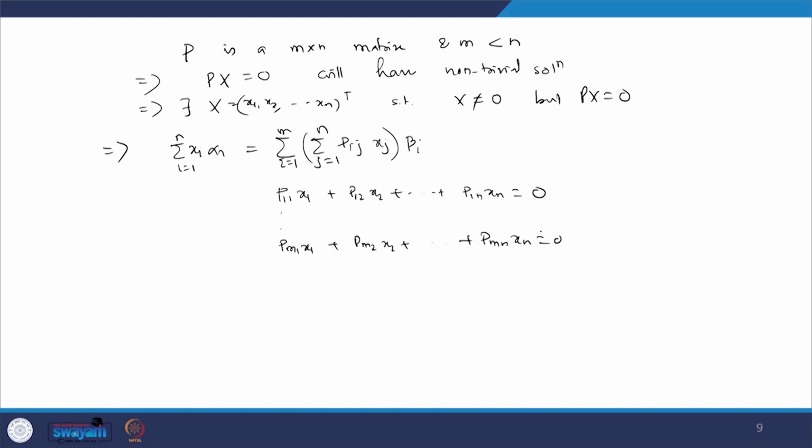So for this value of capital X, this is equal to 0. This means that there exists x not equal to 0, but the sum of xi alpha i equal to 0. This implies S is a linearly dependent subset of V.